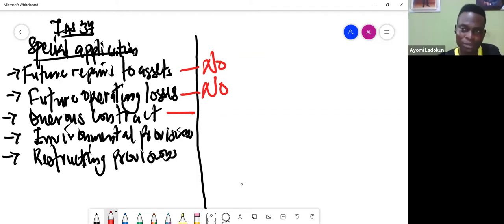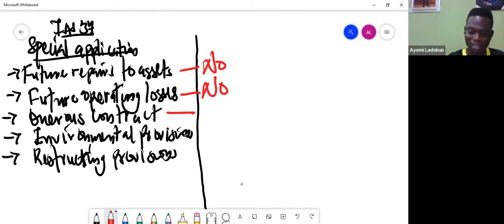Then COVID happened. There was lockdown, and you cannot do business again, and the rent is running. That is the unavoidable cost of fulfilling that contract, and it's higher than the economic benefit. The economic benefit you get is maybe when your container comes, they warehouse it, you can sell it, but because of COVID or whatever reason, such as the Russia-Ukraine war, you can't do that. So those are onerous contracts.